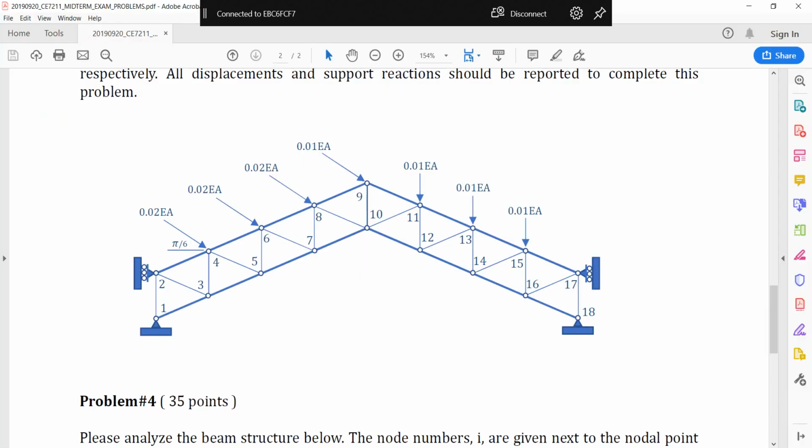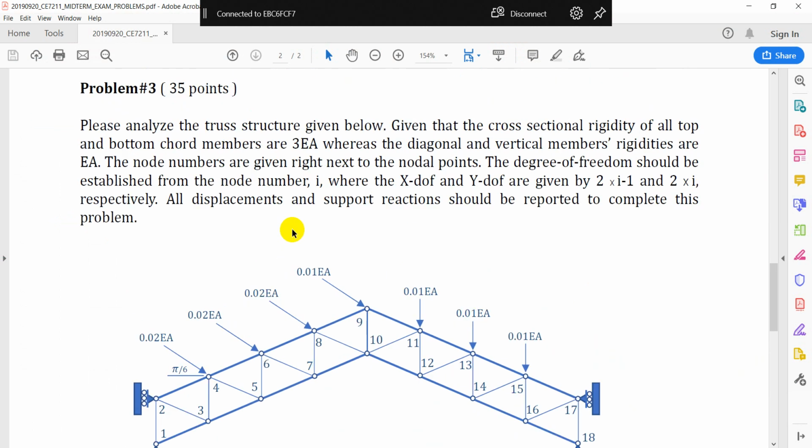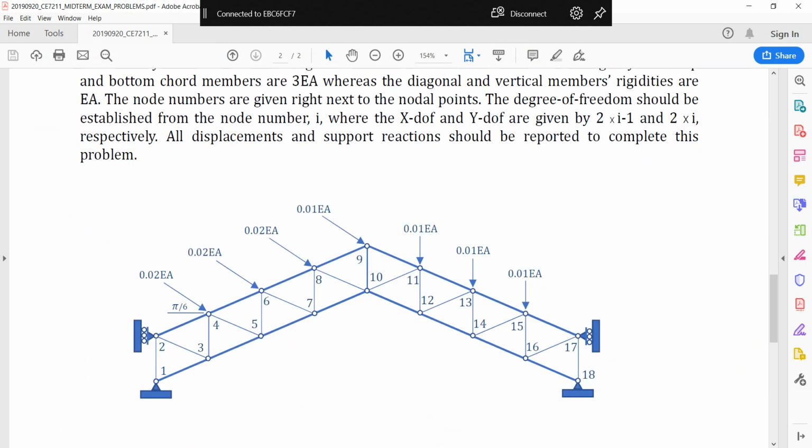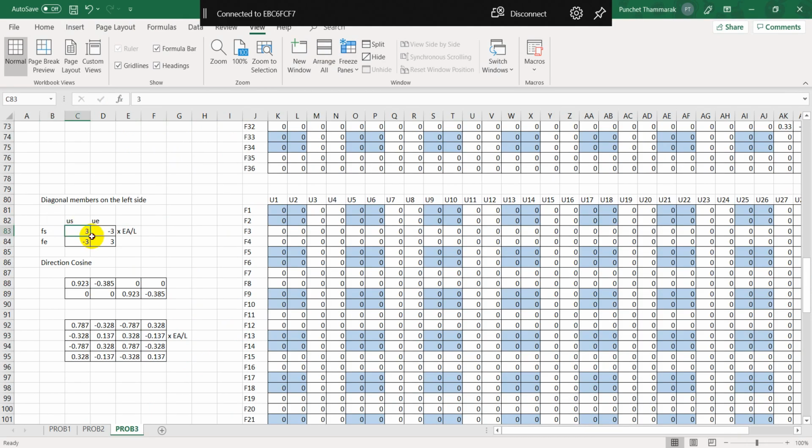For diagonal members, we know that they have just the EA, and EA is equal to 1.